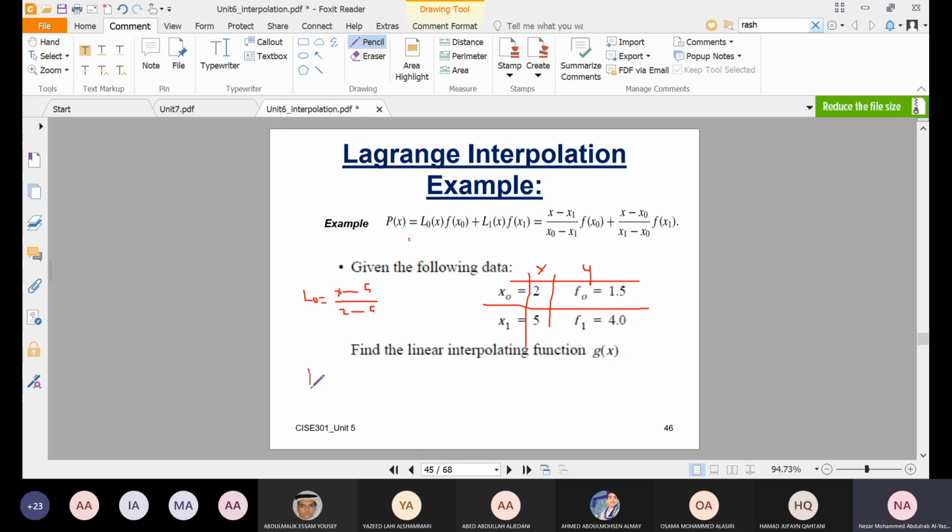After that, we also do the same for L1. So we have here x minus x0, which is 2, over x1 minus x0, which should be 5 minus 2. After that we just substitute from the table that we have.